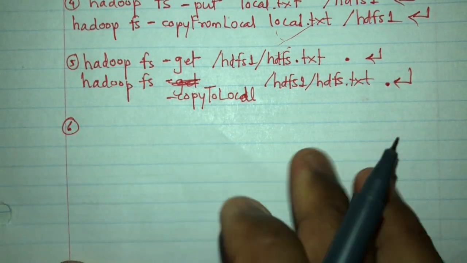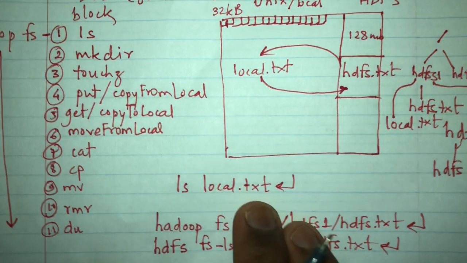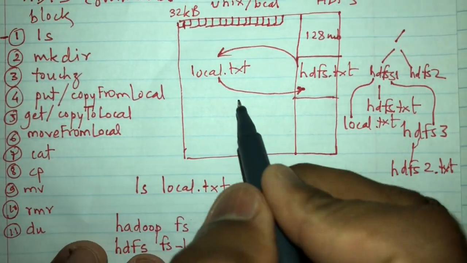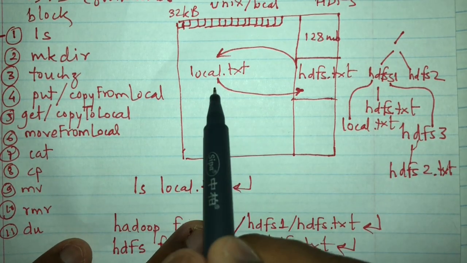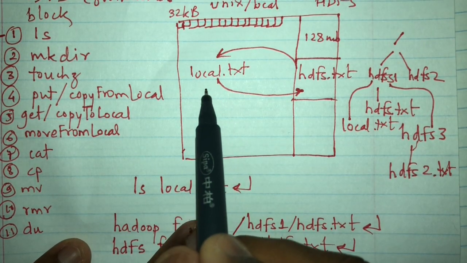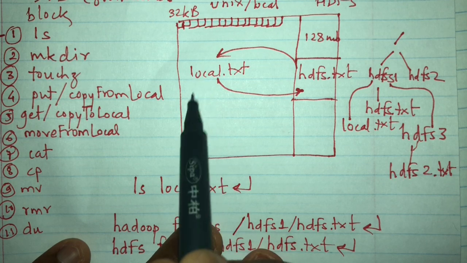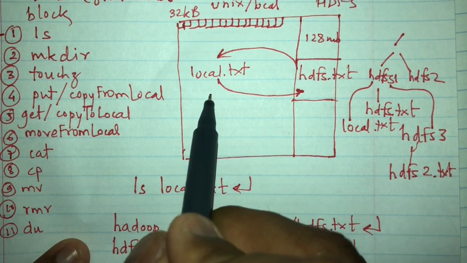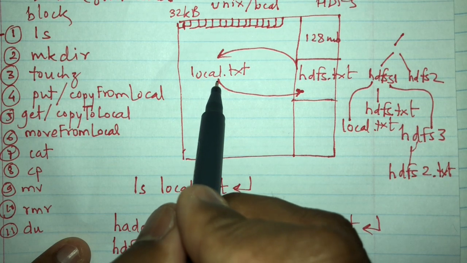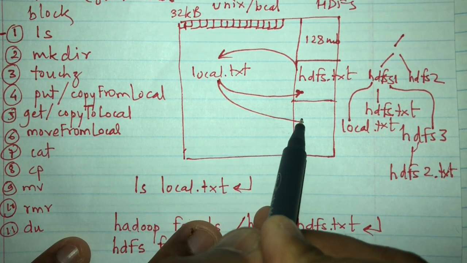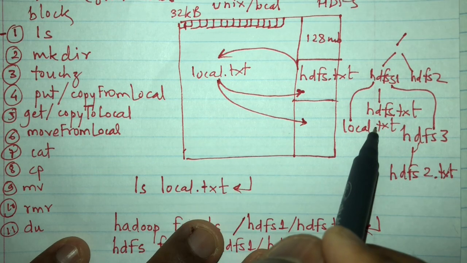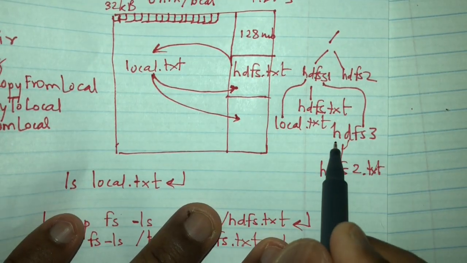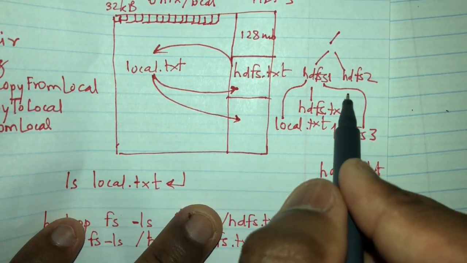Now after that we have moveFromLocal. It is kind of like cut paste, but the source system is the local file system and the destination is HDFS. So let's say I want to move this file to this HDFS block, and I want to put it in the hdfs2 directory.